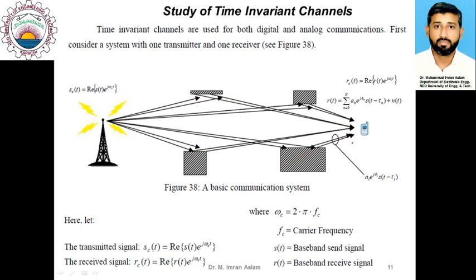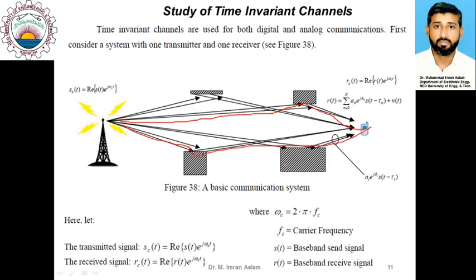Now there are a few things which need to be noticed. First of all, these different paths may have different propagation lengths. So the length of this path and the length of this path would be different.